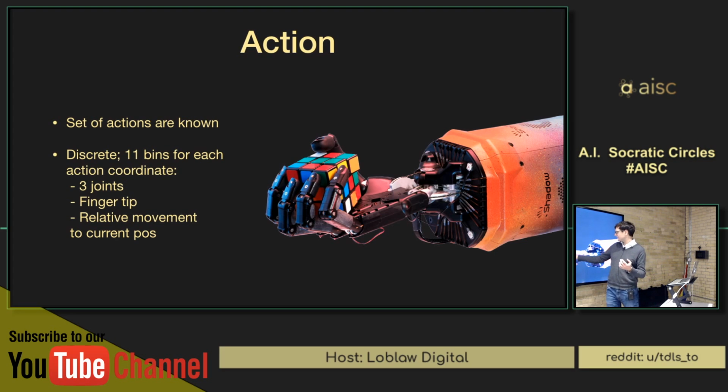So basically, all the actions are how much you move your joint relative to the current position you are in. And you have 11 bins, and you have 3 joints. There's joint 1, joint 2, joint 3, and the fingertip. And that's basically your action space. You can move each of these elements by a certain percentage of your current position. And they tried a continuous one, but it worked worse than just spinning it.